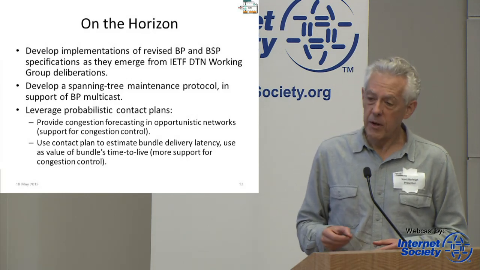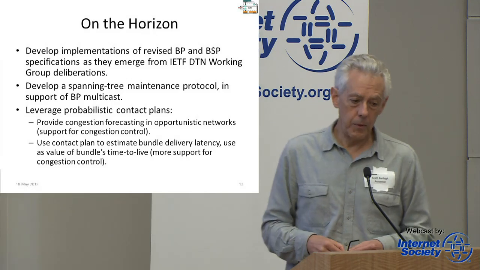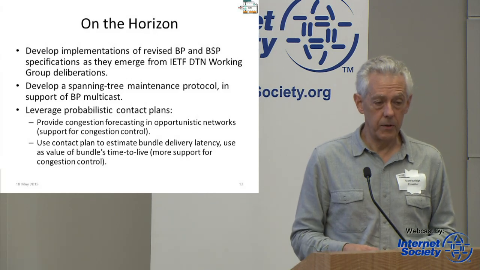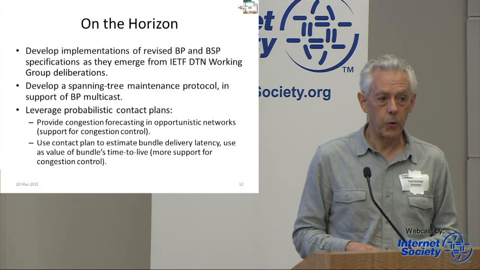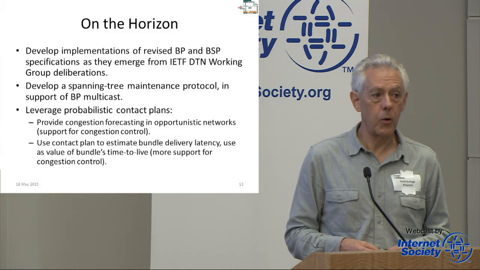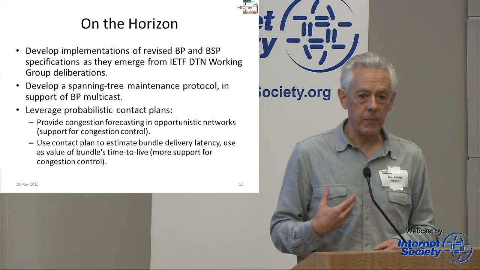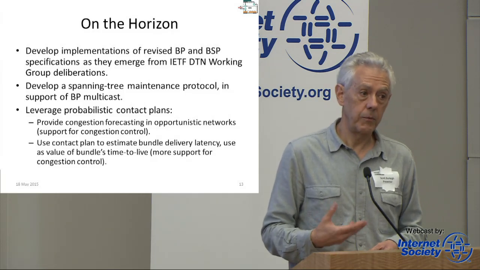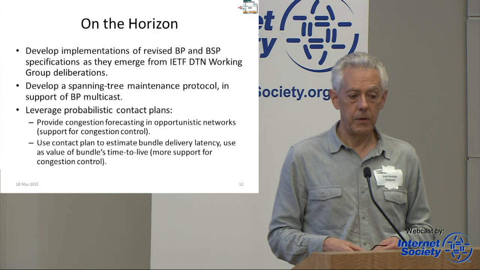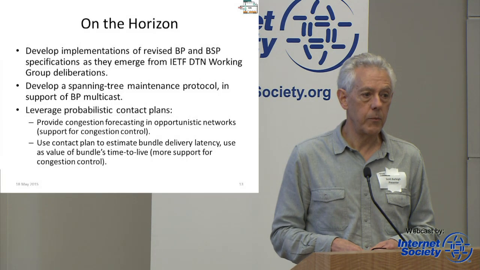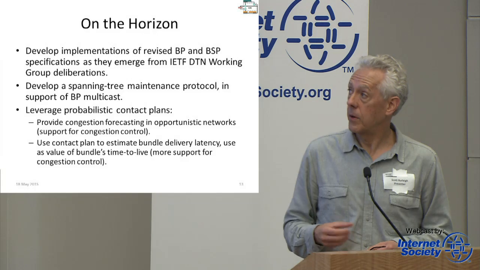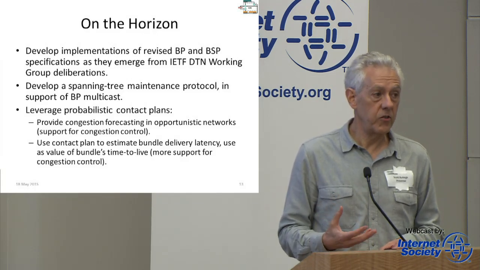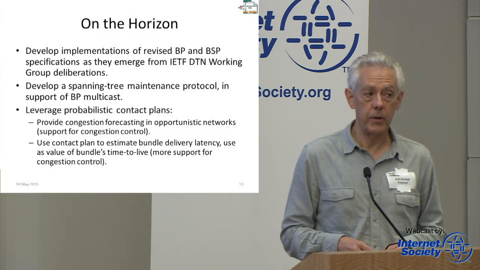And I mentioned this earlier, having contact plans, including probabilistic contact plans that cover the terrestrial delay-tolerant networking environment, gives us the ability to compute to some degree, to some probability, the expected delivery time for a bundle, and that in turn gives us the ability to support congestion control even in delay-tolerant networking.